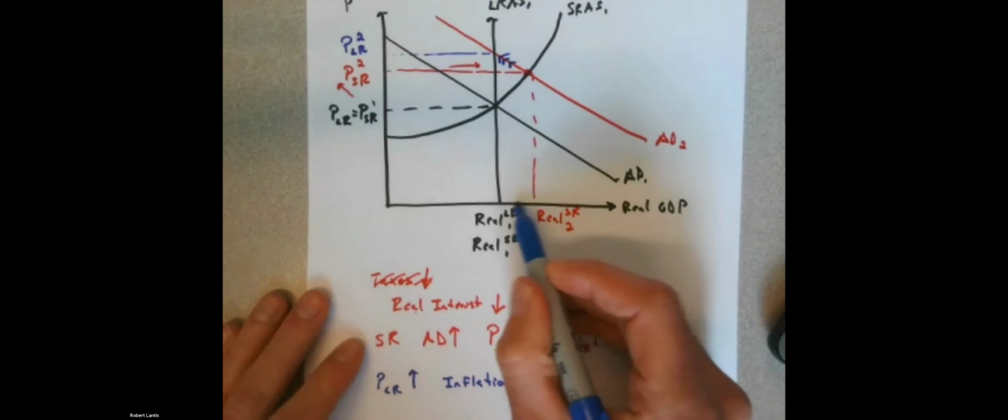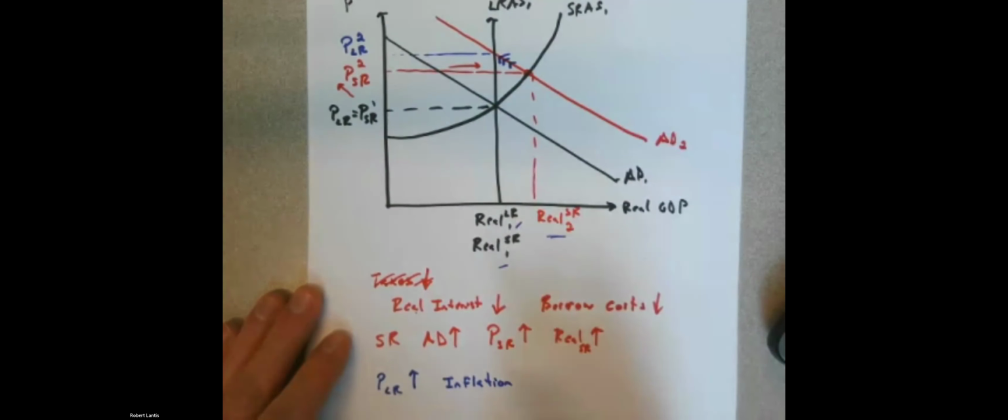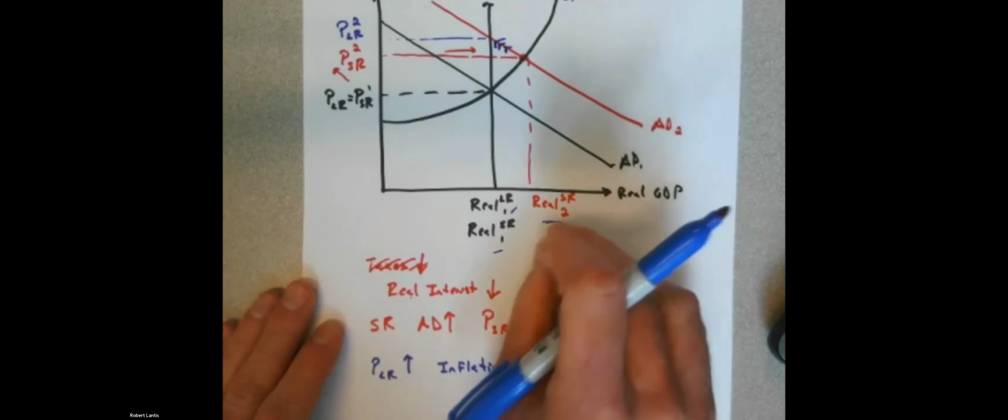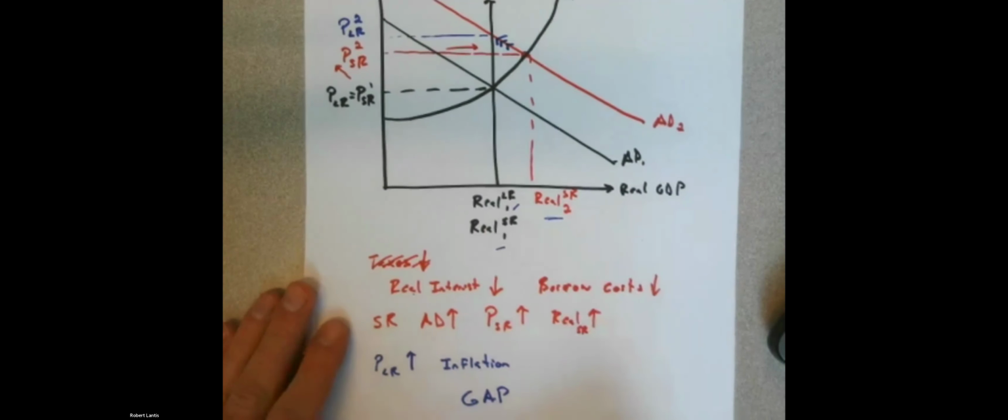And so the fact that real GDP today in the short run is not the real GDP we're going to get to in the long run, we would say there's a gap. Anytime the real GDP in the short run is not the same as the long run real GDP, we say that there's a gap.